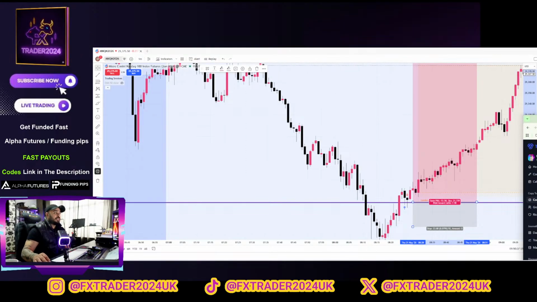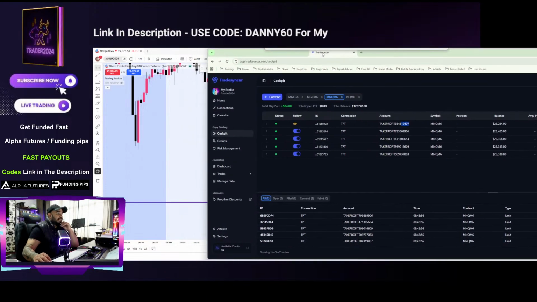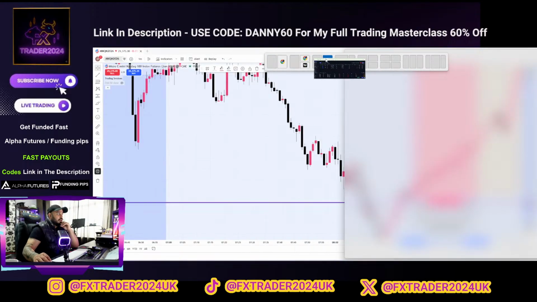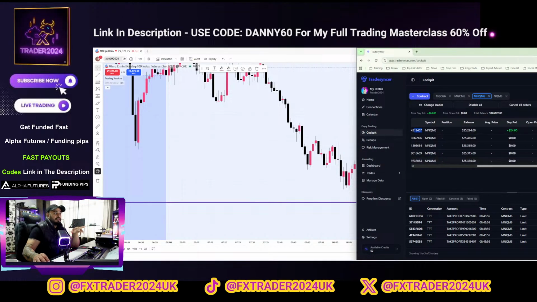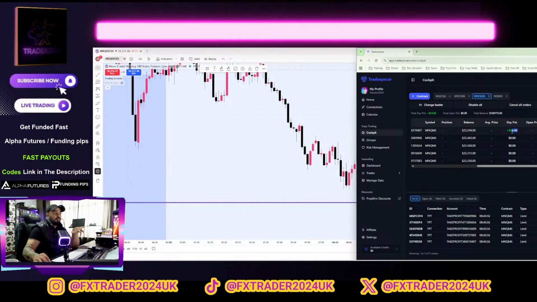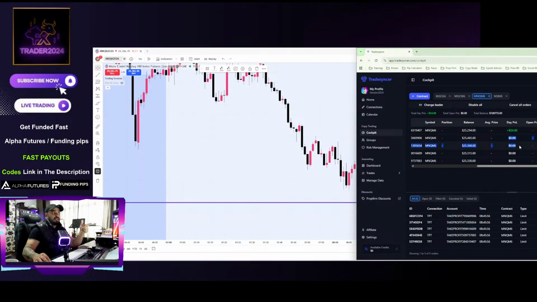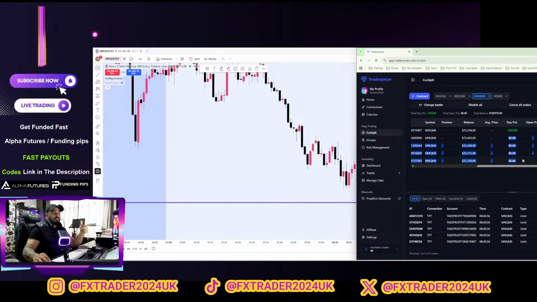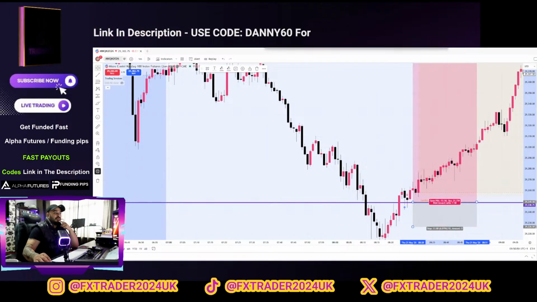My trade syncer wasn't working, so I had 5 accounts to copy trade against, but my trade syncer wasn't working. So what I did was I closed the trade. So you can see that one trade I took, it only went up to $24, and I closed the trade because the rest of them weren't working. So it weren't copy trading onto these. Had it been copy trading onto these, we would have been in good profits today.